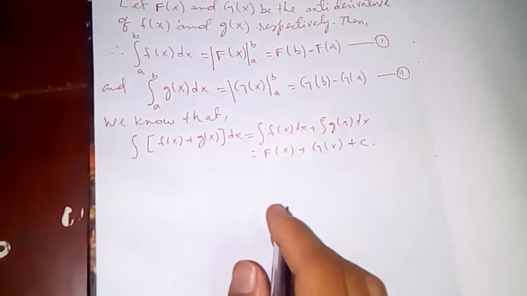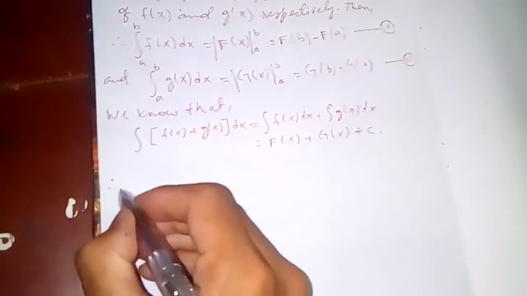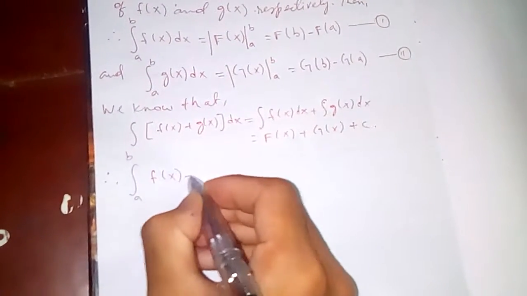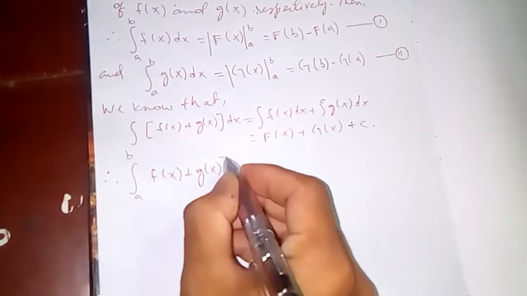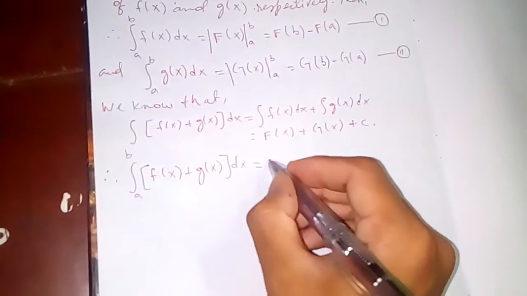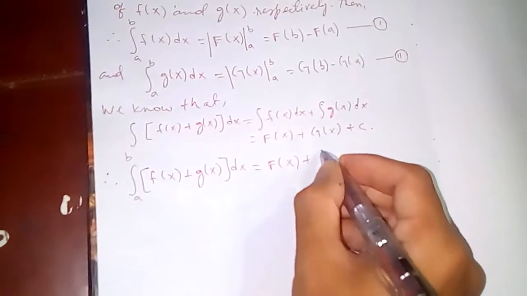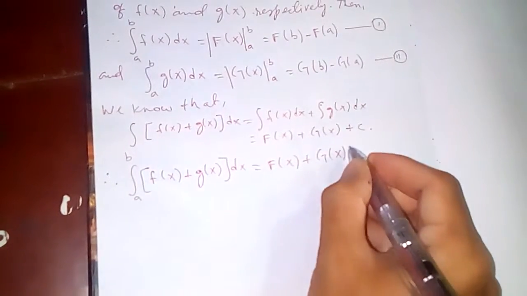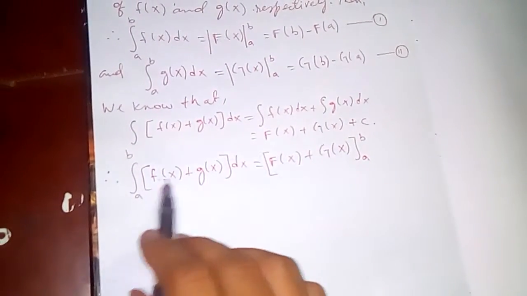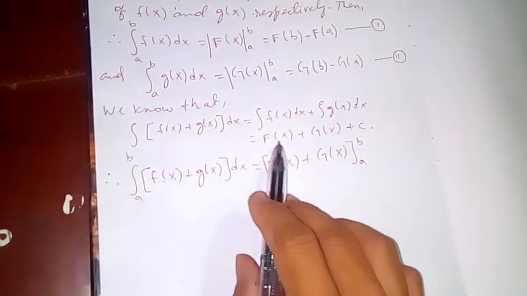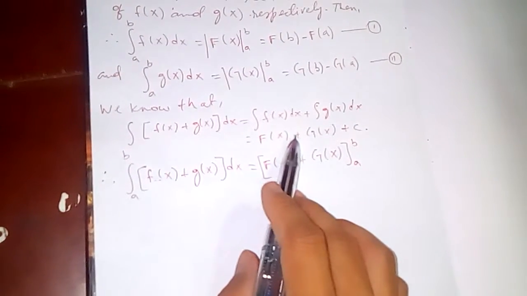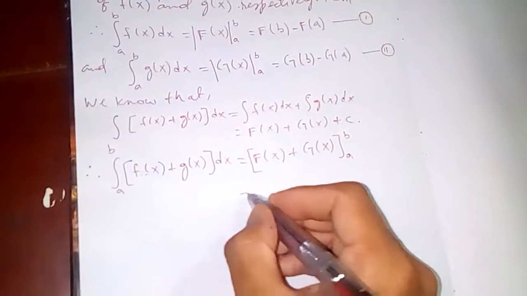So therefore our integral from a to b of f of x plus g of x dx is nothing but capital F of x plus capital G of x from a to b. Inside without the limits, if you integrate, then you get this. This is from the indefinite integral that I have proved, you can check it out there.